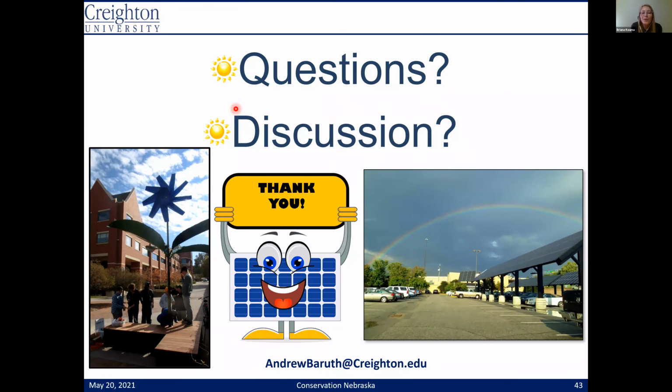Jamie asked, who would be a good resource to evaluate the feasibility of a community-based, like a neighborhood-owned, not OPPD-owned solar storage project? That's a good question. I assume some of these people are on from Nebraskans for Solar. This is probably a good group to start chatting with. People have tried to do some of these things, though not so much with the storage component.